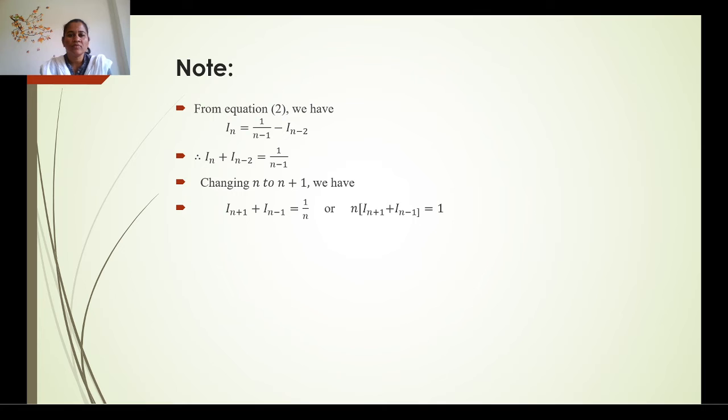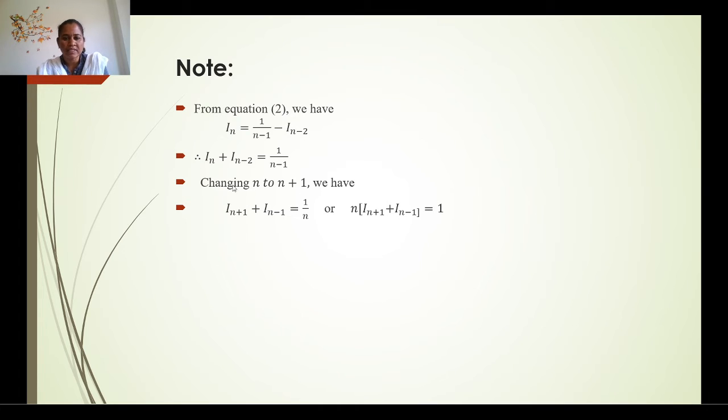Okay, so next we can see In is equal to 1 by n minus 1 minus I n minus 2. Here the minus is there, so the RHS term minus of I n minus 2 can be transformed into the LHS. In plus I n minus 2 is 1 divided by n minus 1. For this formula, replace n by n plus 1 on both sides.